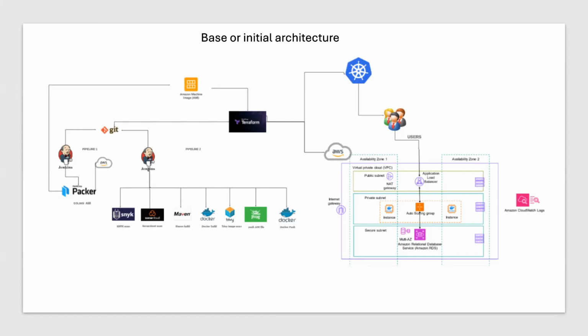If you see here, you don't have a web application firewall in front of the application load balancer, so if security attacks happen, we need to integrate a web application firewall here. You don't have any database replicas here, so there is a risk of data leak.